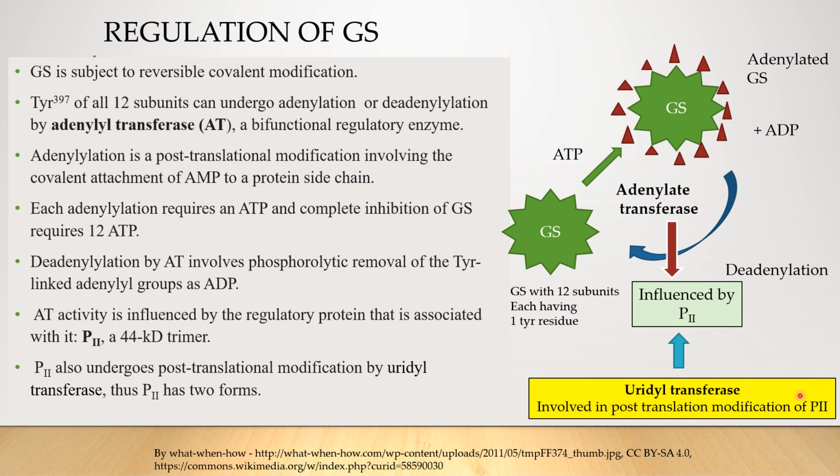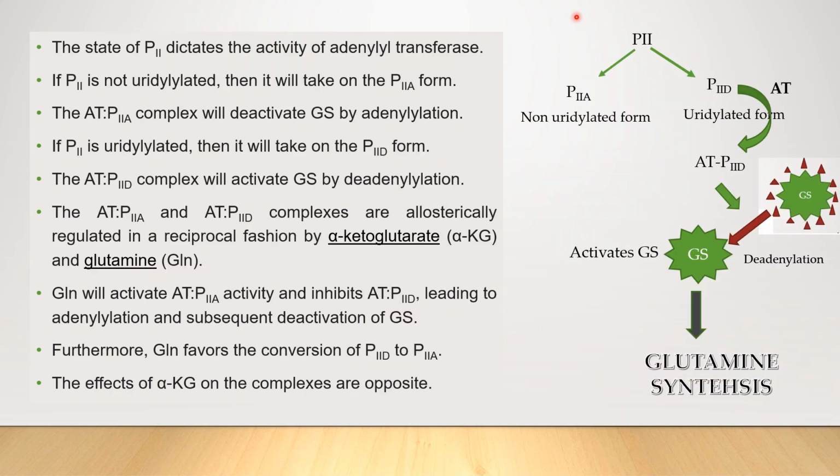So here you have uridyl transferase, which is influencing P2. It is involved in the post-translational modification of P2. So you see that P2 also exists in two forms. So the state of this P2 dictates the activity of this adenylyl transferase.